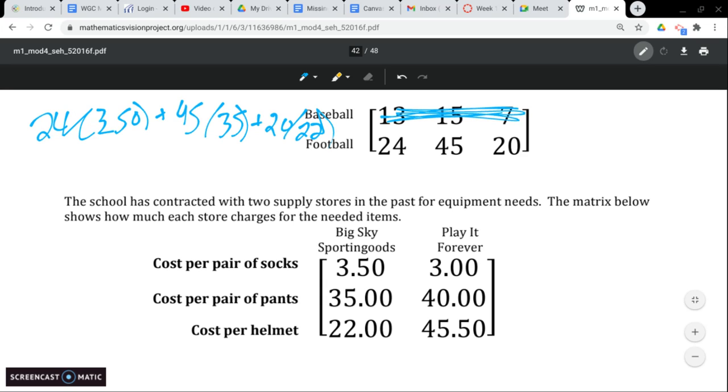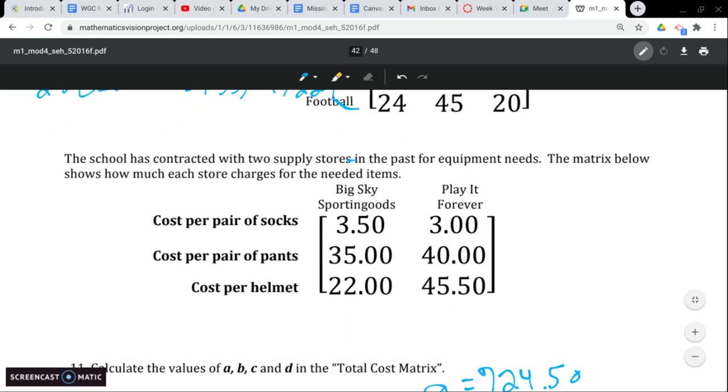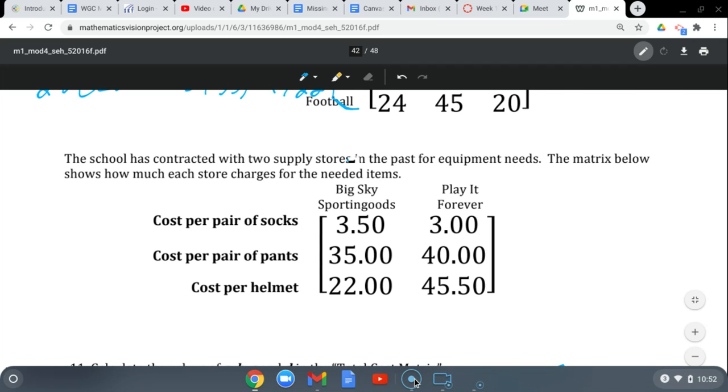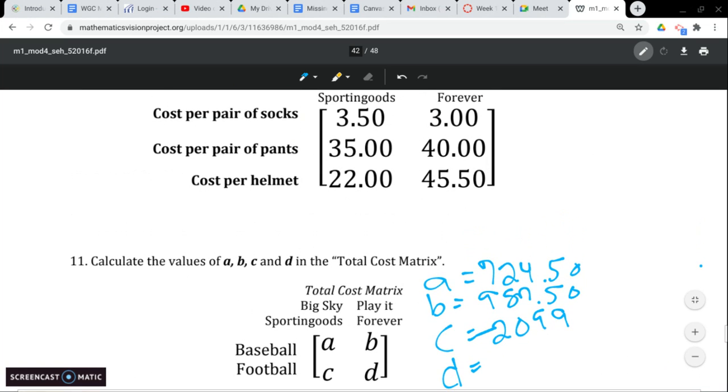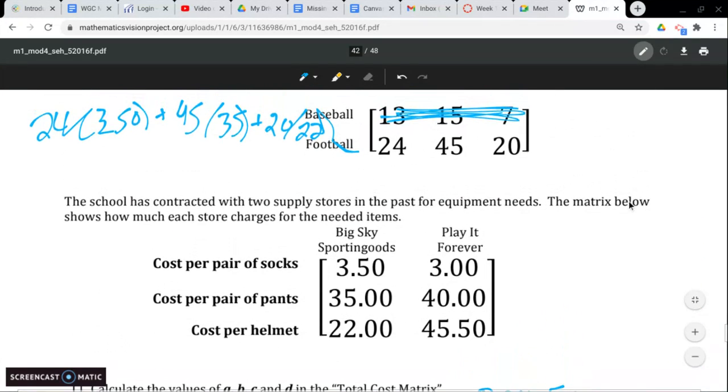So we multiply all those together, and for our C value, we get 2,099. All right, so to find D, we're going to take, once again, our football values, and multiply them to the play it forever values.